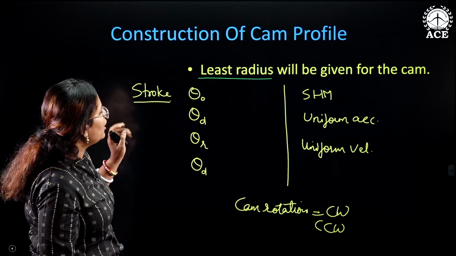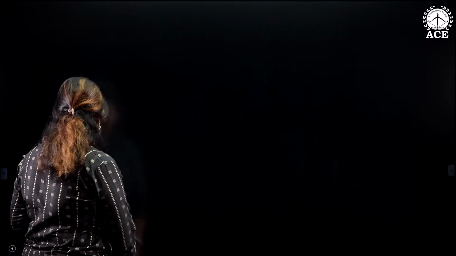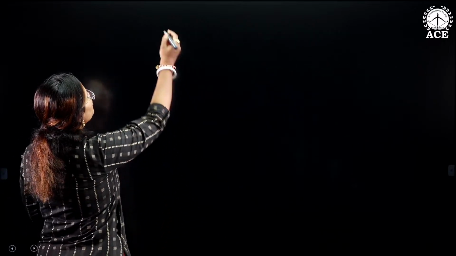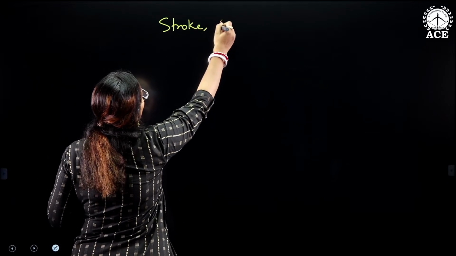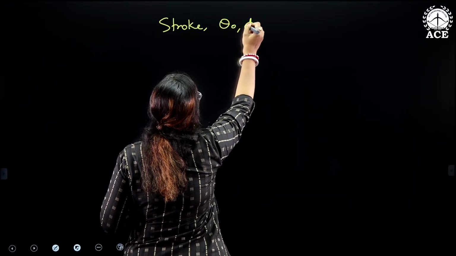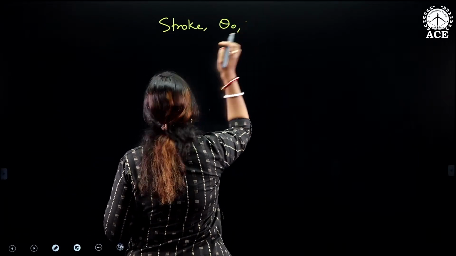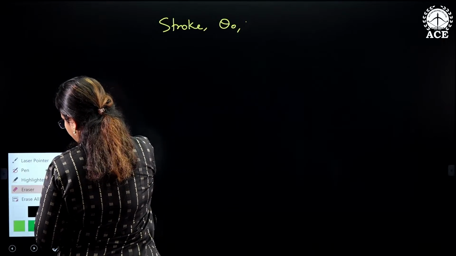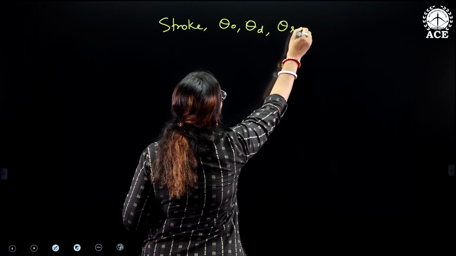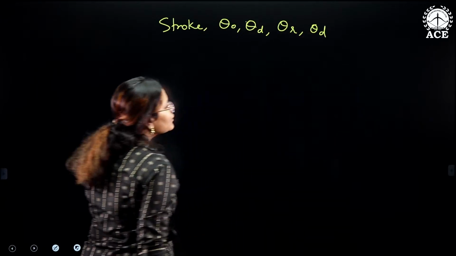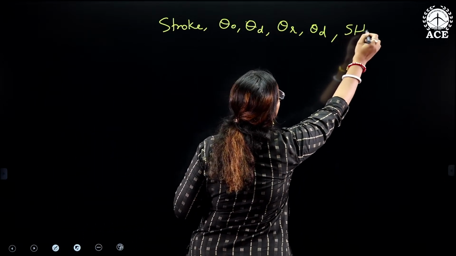Okay. So let us once try how to draw one. Let us say stroke is given, and theta naught, theta d, theta r and theta d are given. And the condition is given to be SHM.